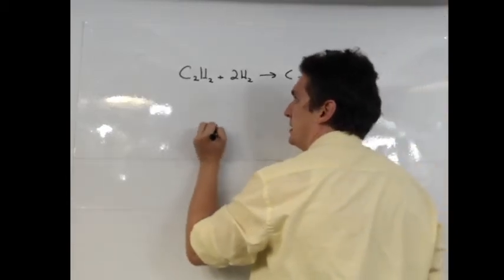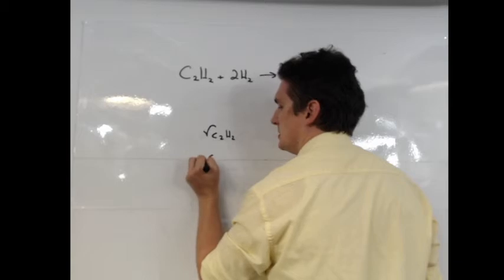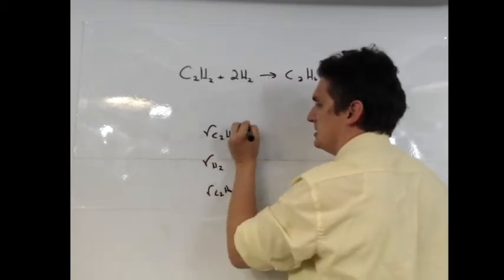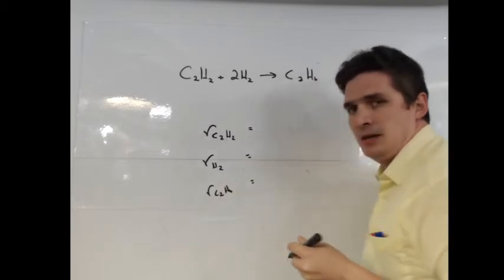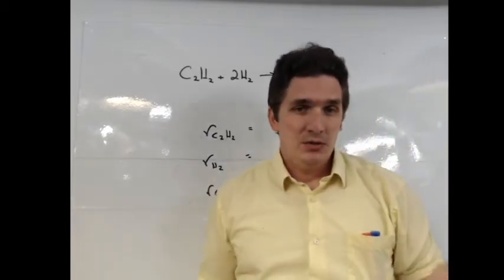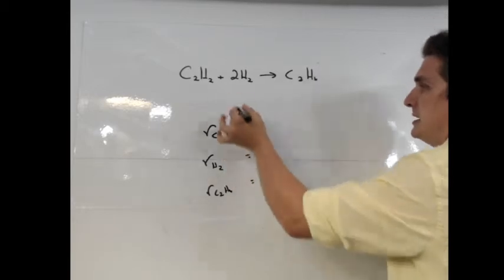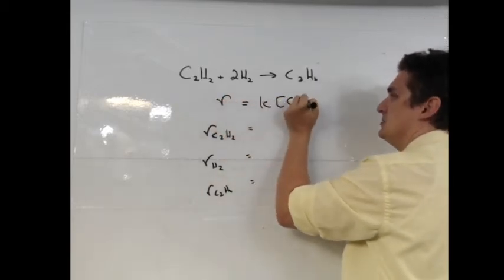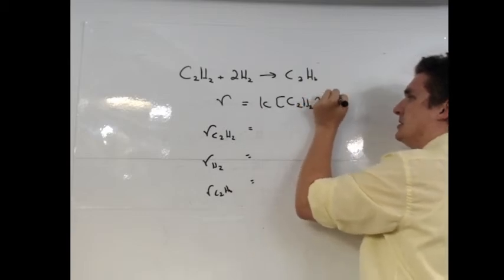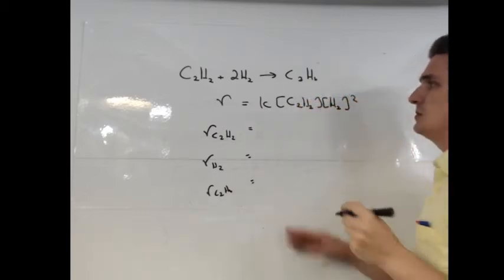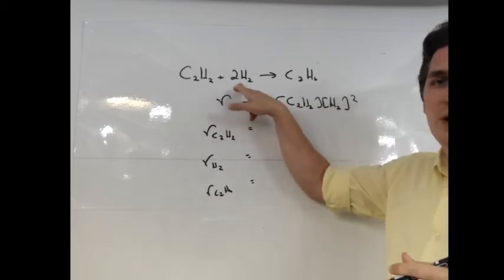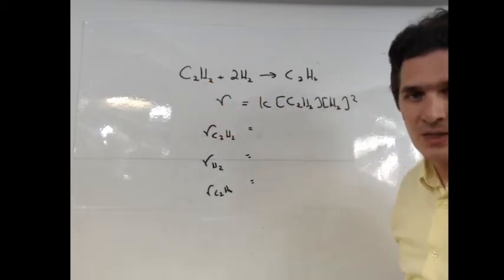And I ask you, what's the rate of C2H2, the rate of H2, and the rate of C2H6? The easiest way to do this is just to write out your generic rate law. So R here is K, concentration of C2H2, concentration of H2 squared. So the rate is the rate constant times the concentration of each reactant raised to its reaction coefficient.